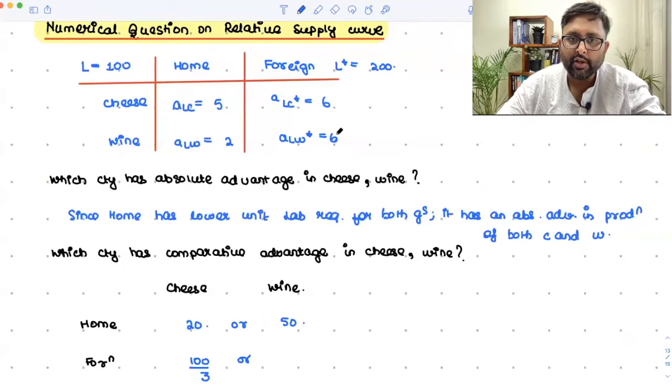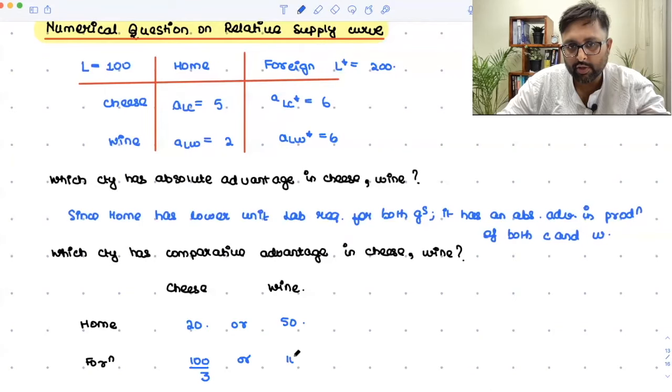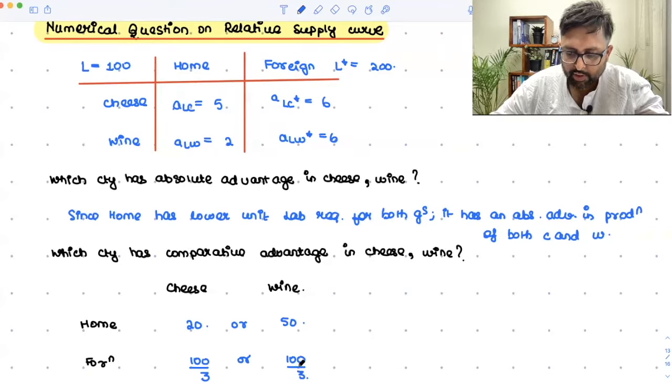Similarly, foreign country is using 6 hours of labor to produce a unit of wine. So with 200 hours of labor, it can produce 200 upon 6 units of wine, or 100 upon 3 units of wine. Fair enough. So that's the total feasible production.